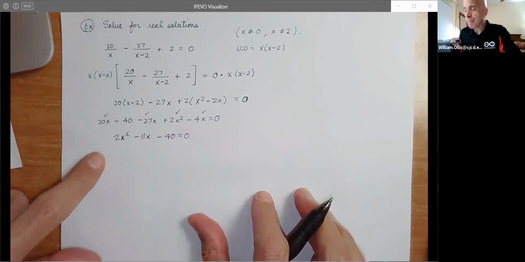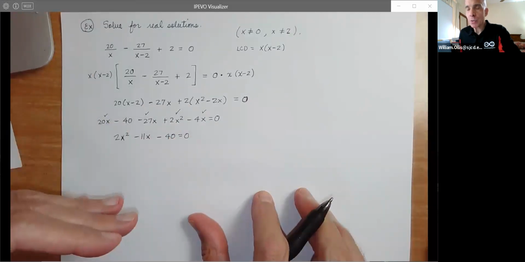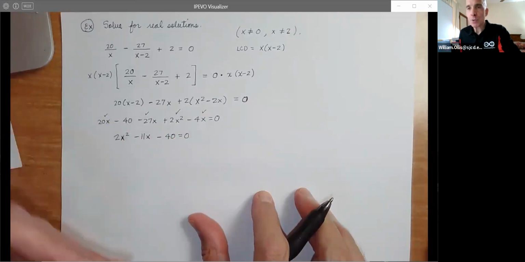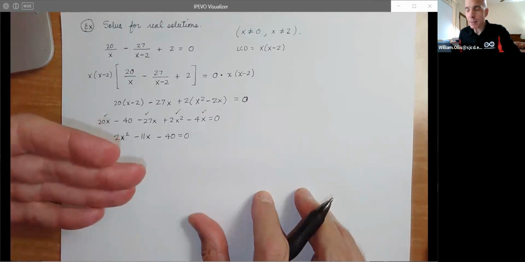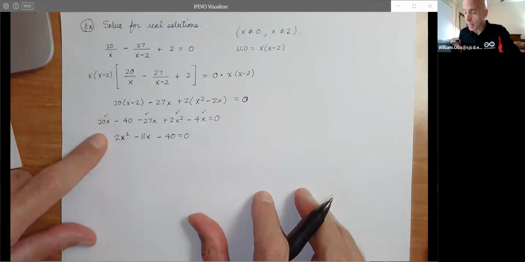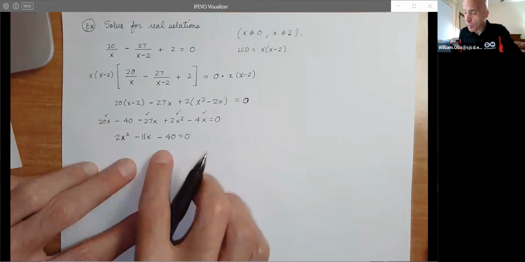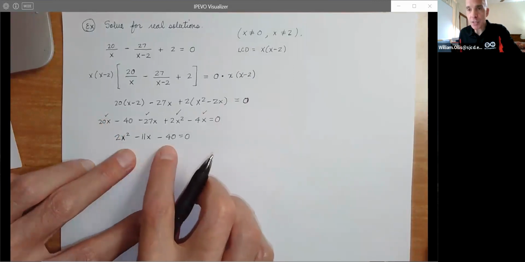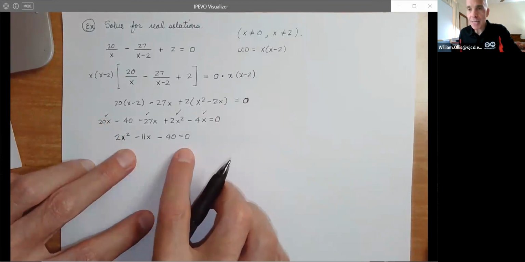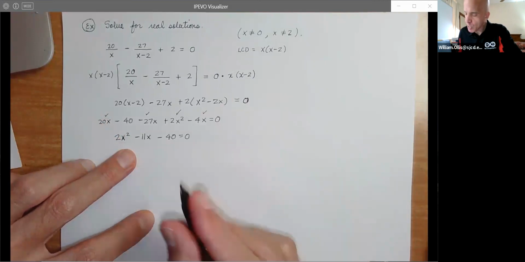So again, the algebra that we do is to hopefully produce an equation that we understand. And we understand quadratics. So now what we can do is try the discriminant, or we can just try AC to see if it factors. So let's practice.